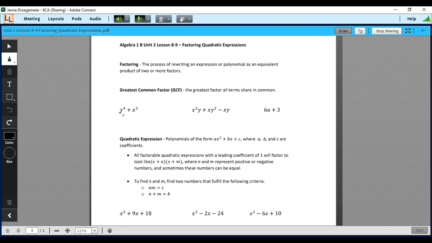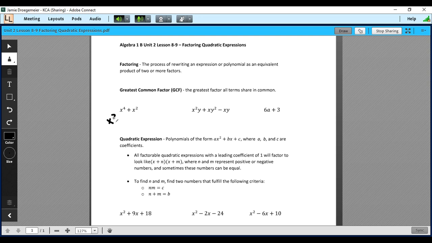If I have the terms x to the 4th plus x squared, we want to know what's the greatest common factor of those two terms, or what's the greatest thing that I can divide each of those terms by. Well, they both have an x as a base, and then the exponents 4 and 2. I could divide them by x, but I could also divide them by x squared.